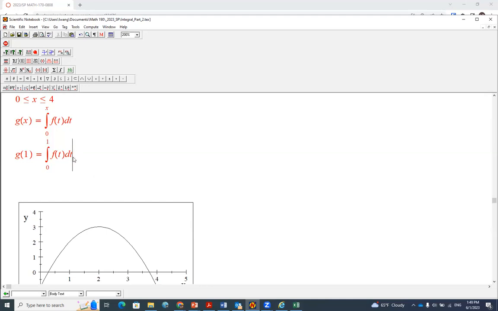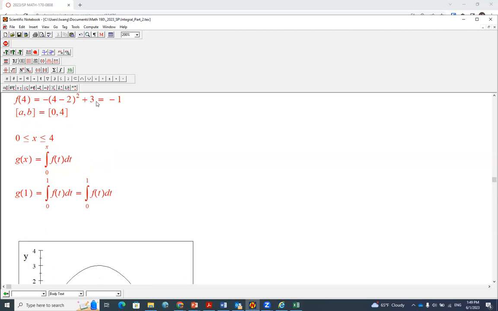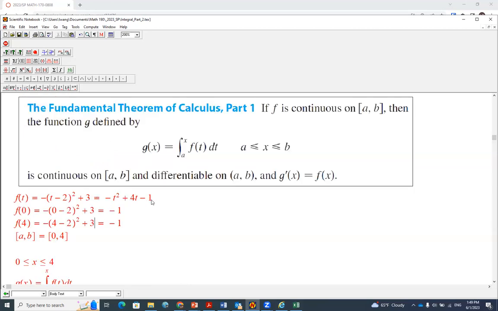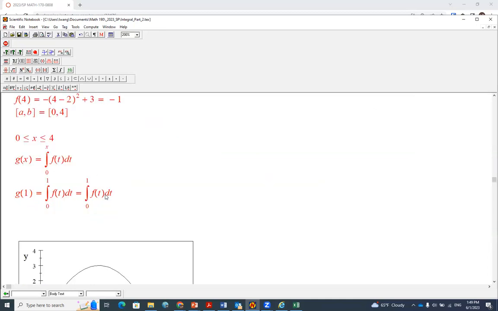If we plug in the function, F of t will be that piece, and we can find its antiderivative. So we can use the fundamental theorem of calculus part 1 to find its value. In this case, we will get a number.